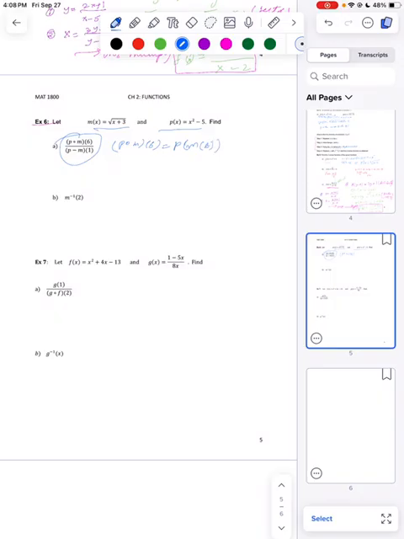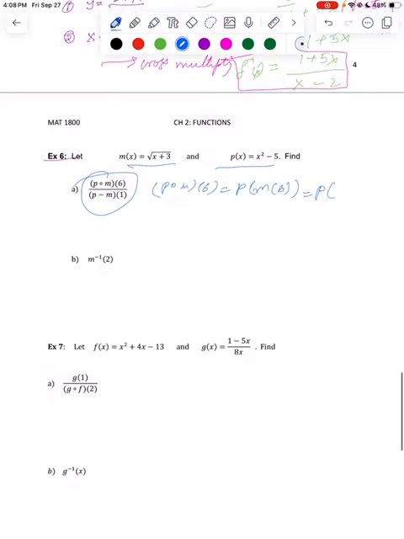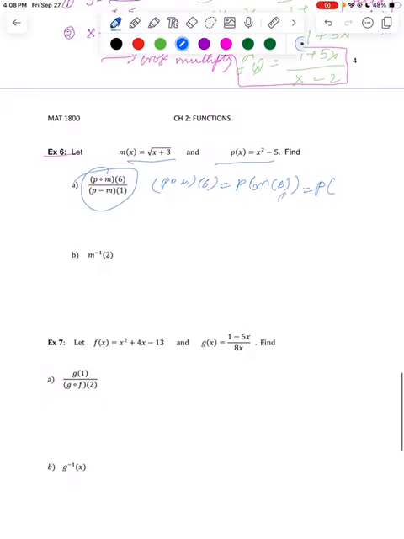What is M of 6? You will plug in 6 in M. So what do we get? M of 6 will be square root of 9, which is 3. So there will be 6 plus 3, which is 6 times P of 3.